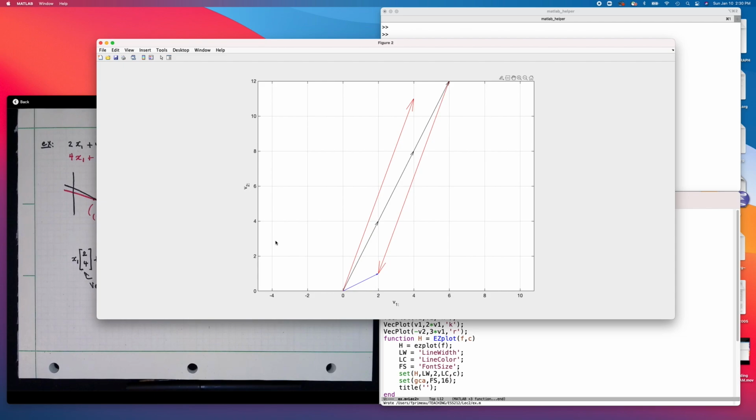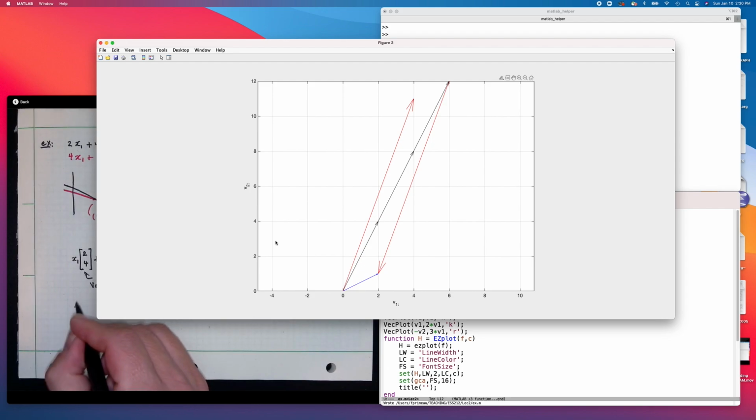Alright, so these are 2 different ways of thinking about 2 equations in 2 unknowns. Okay, so how do we solve it in Matlab? The next step in Matlab is to join these 2 vectors, v1 and v2, in a matrix.